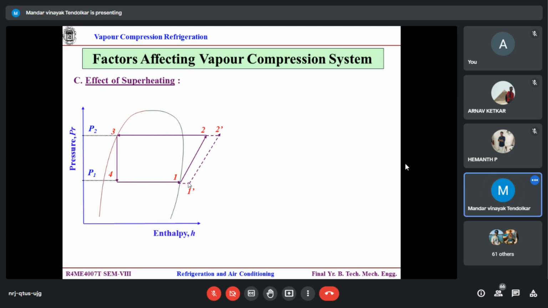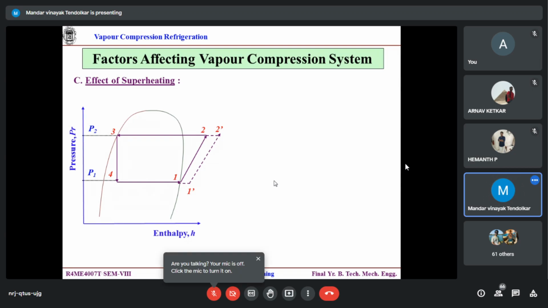Still, you can maintain the refrigeration effect constant, but the work input is still increased. Do you agree? Yes, sir. So whatever you do, your COP is bound to reduce. Correct?